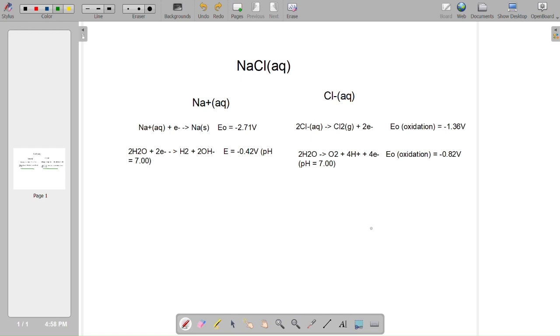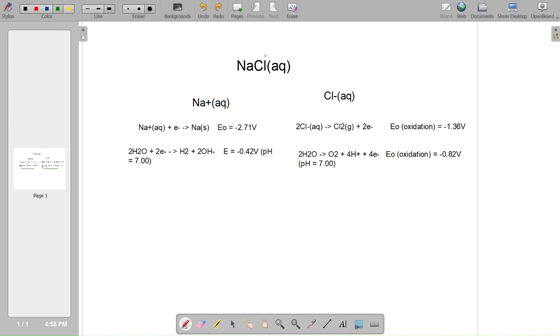So what is overpotential? In simple terms, it's when you have to apply a greater quantity of voltage to drive the non-spontaneous process. I'll explain this later, but first, let's look at an example.